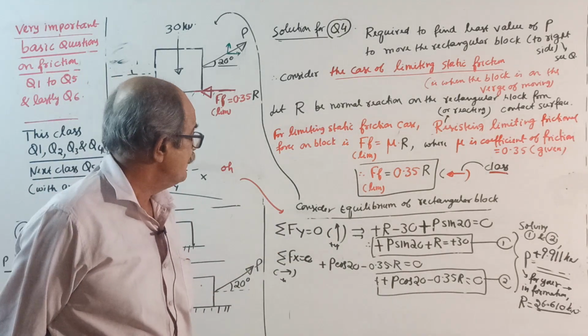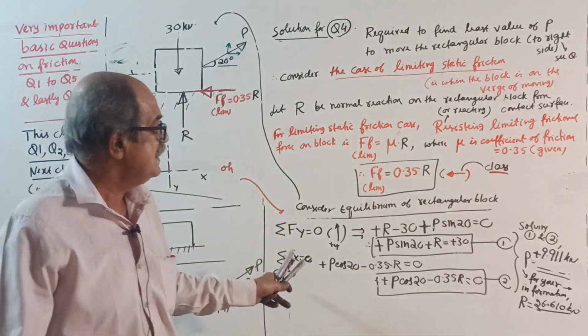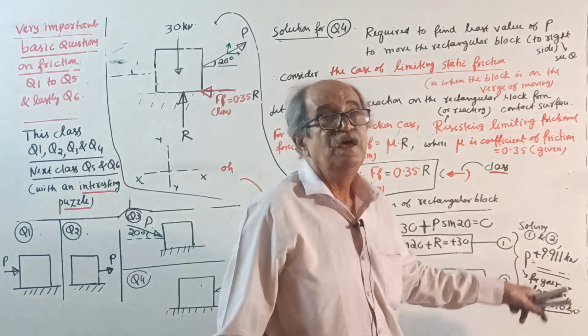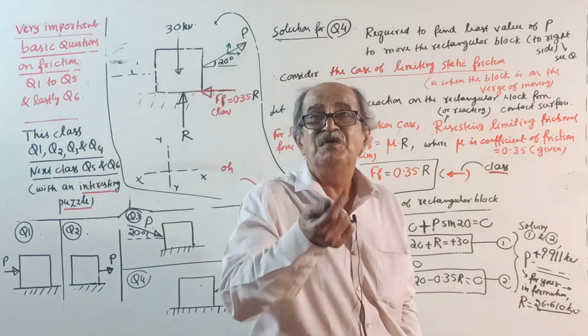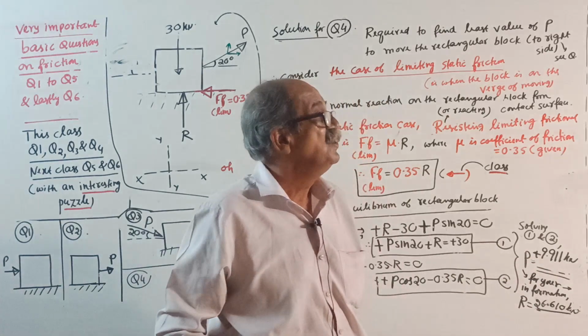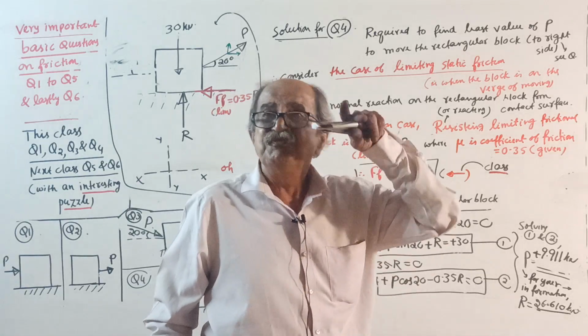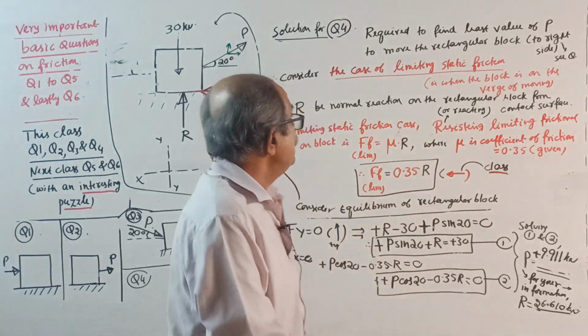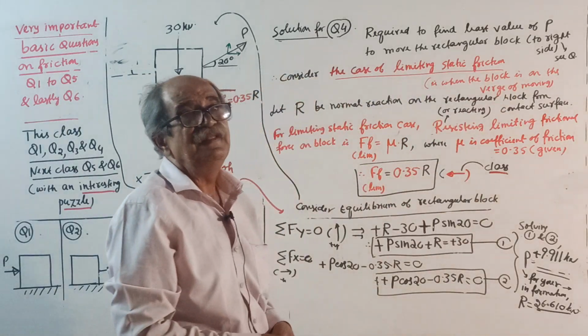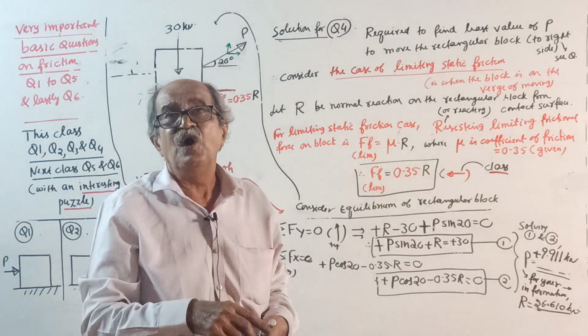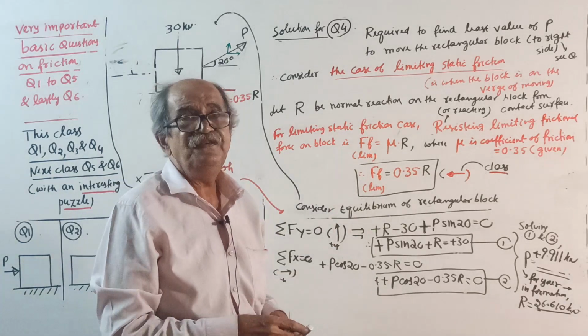Second time it came 11 point something, a little more. Now it came lesser, 9.911. Question number 5, it will come further lesser. Why, I will tell you. Question number 6, it will come further lesser. I will write all the 6 questions here, and I will explain the real principle or meaning of all these. That is in the next class.